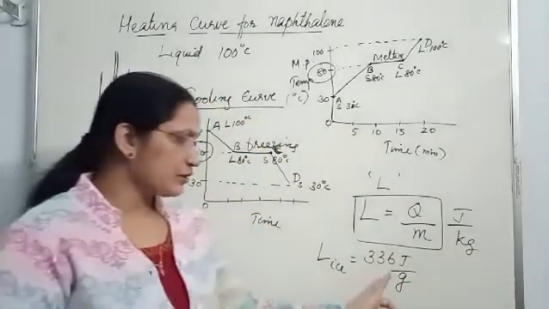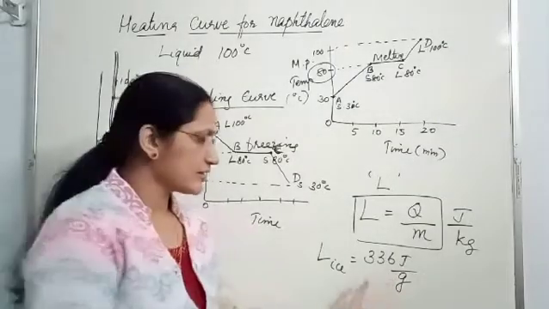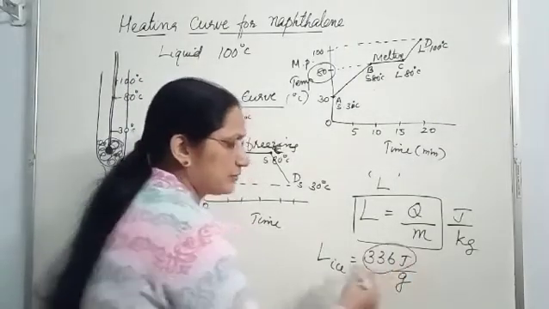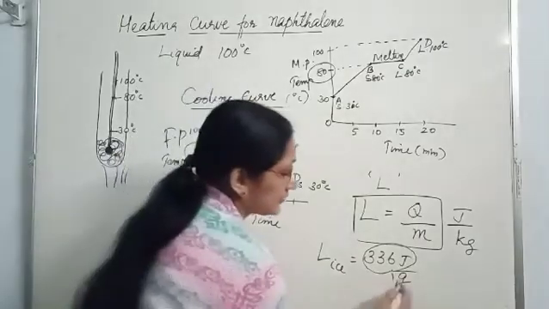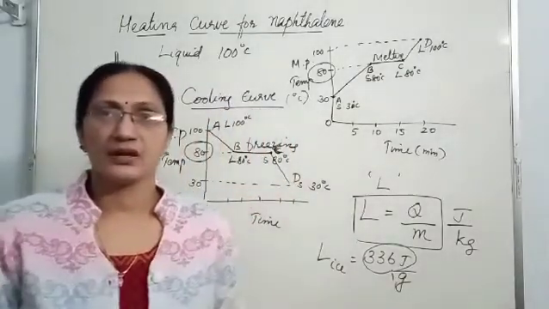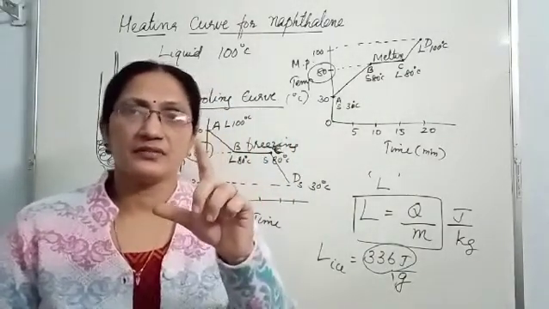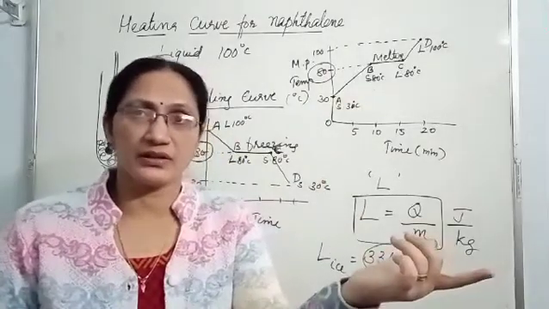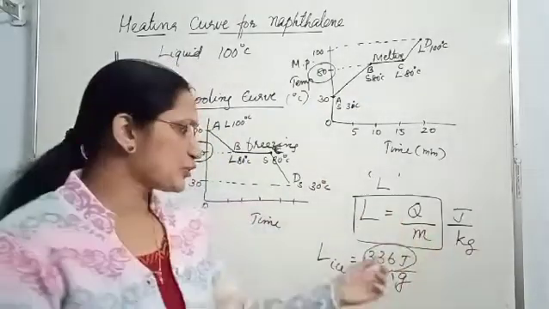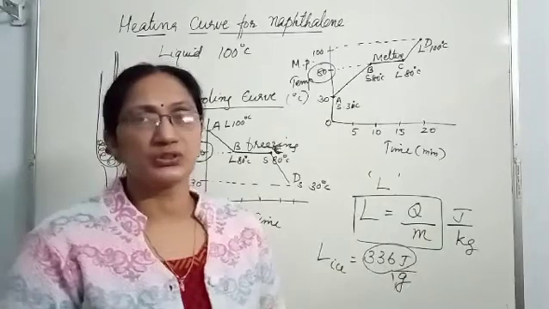It means that for 1 gram of ice, 336 joules of heat is needed for melting. 1 gram of ice will change into 1 gram of water by absorbing 336 joules of heat.